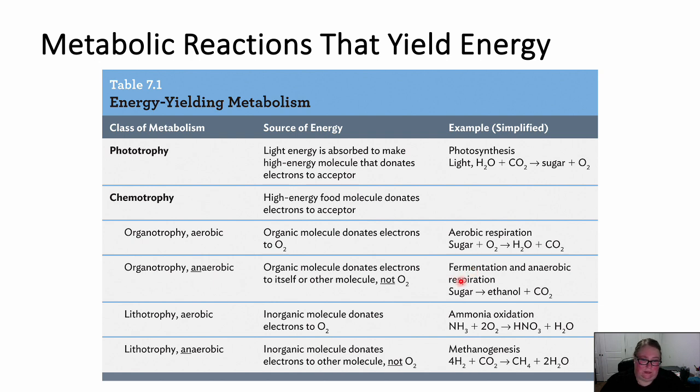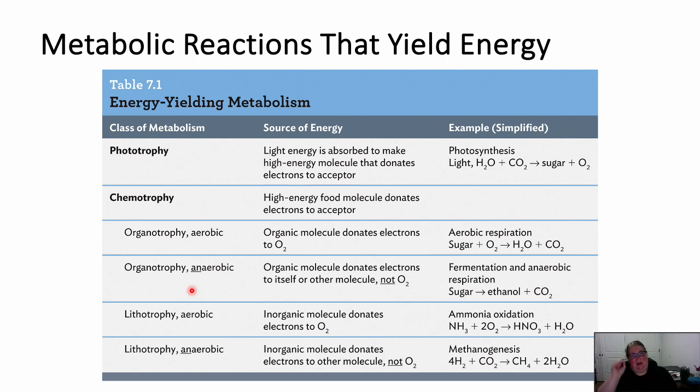We also have anaerobic respiration, where we can donate to an inorganic molecule like sulfur. We'll talk about that later in this chapter. With fermentation, we take the sugar from our food molecules and break it down into ethanol and carbon dioxide. So we're not donating our high energy electrons to oxygen in anaerobic organotrophy.